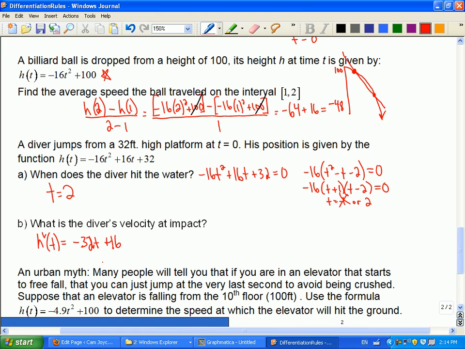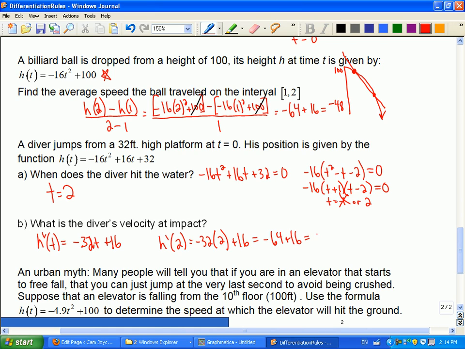Okay, so if we have negative 32t plus 16, I want to know what's the derivative at 2. Should I expect this number to be positive or negative when I'm done? Right, because I'm falling. So negative 64 plus 16.